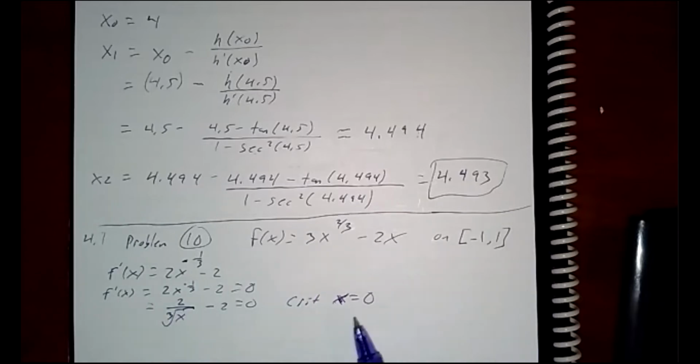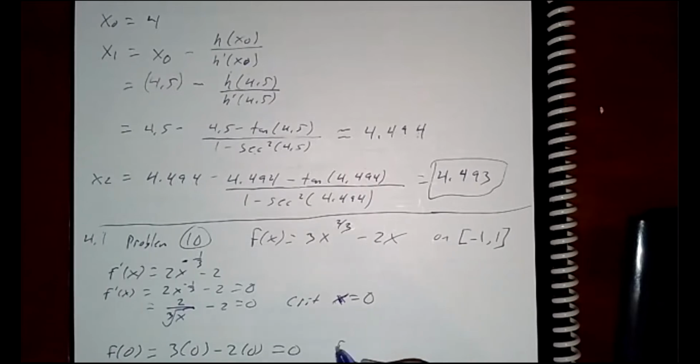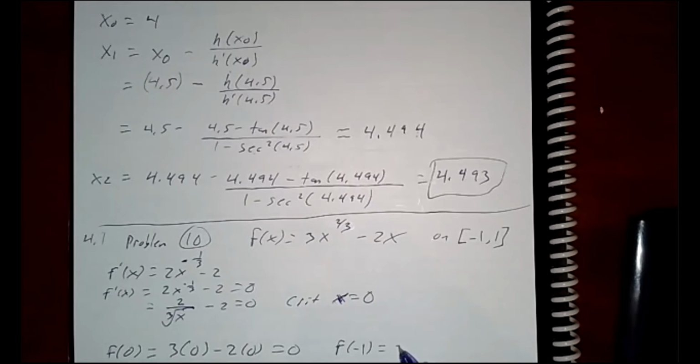So we need to test this point, and that point, in the original. So f of 0 is going to be 3 times 0 minus 2 times 0, which is 0. f of -1 is going to be 3 times -1 to the 2/3 minus 2 times -1, which is 3 plus 2.